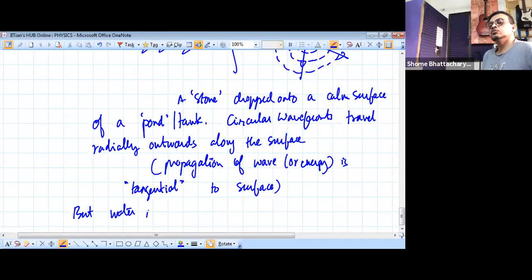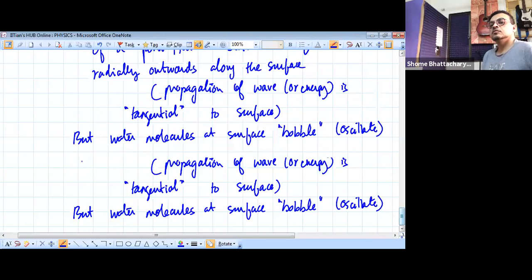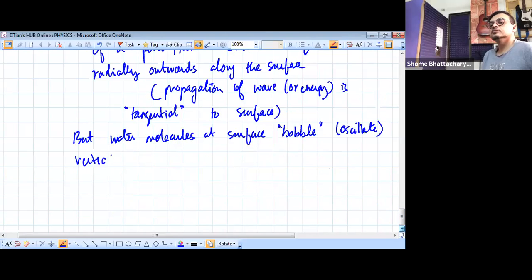But the water molecules at the surface, you see they kind of bobble, oscillate vertically or normal to the surface.